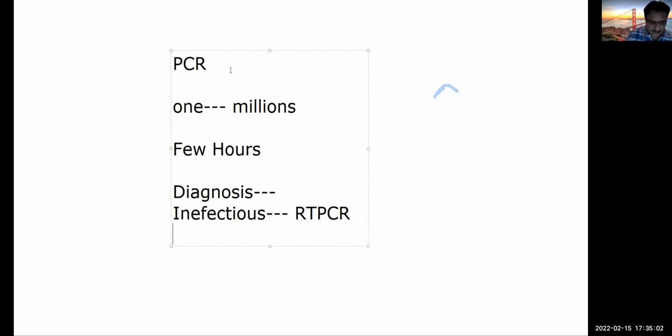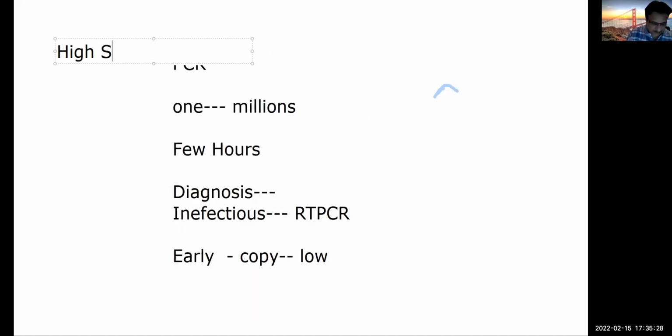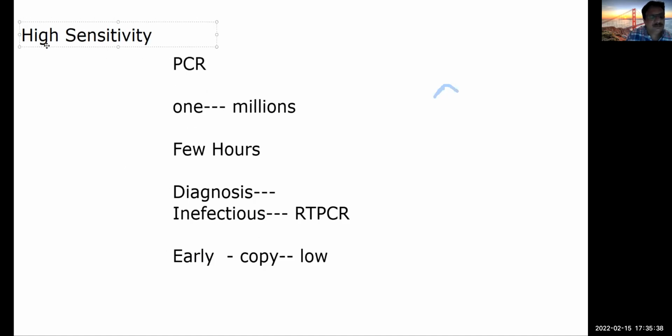For example, in early infection, when the copy number of the infectious agent is very low, PCR can amplify and detect it. So it has very high sensitivity. It can detect a low amount of infection at a very early stage.